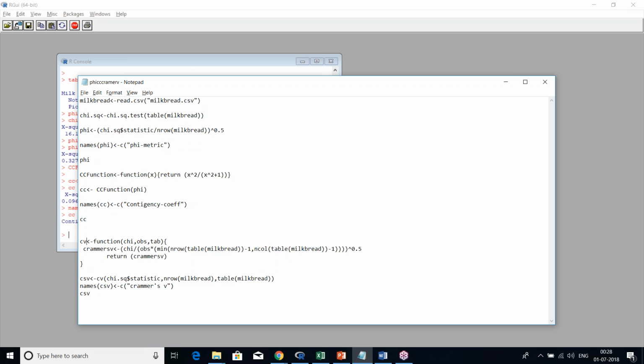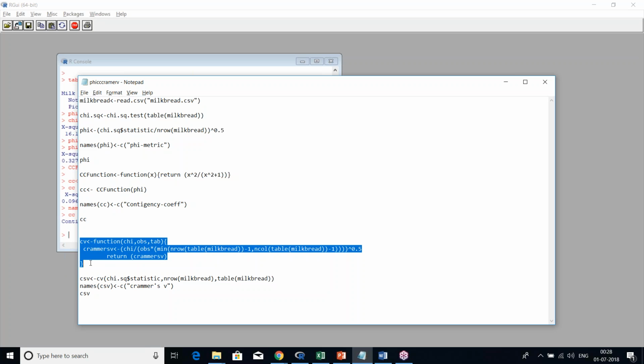The Cramer's V variable is assigned a value from the chi-square metric passed as input, divided by the total number of observations, multiplied by the minimum of the number of rows and the number of columns of the table. We subtract 1 for the degrees of freedom, and similarly calculate the number of values in the column structure, subtract 1 from it, and then take the square root. That's how Cramer's V is calculated.